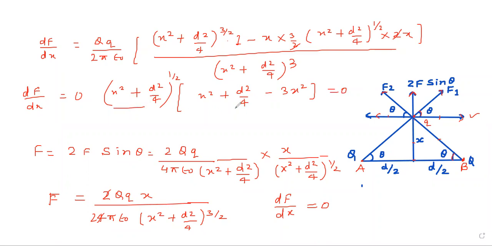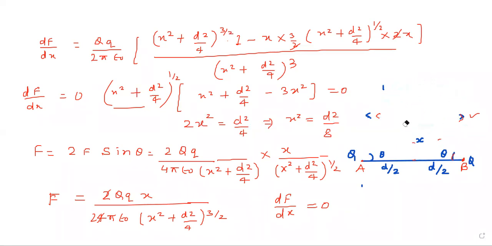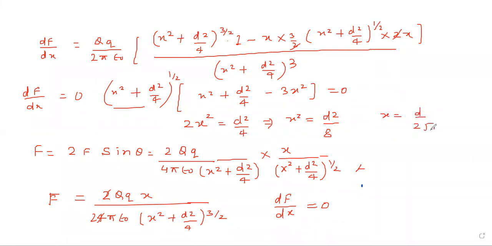This term can't be 0, so this term will be 0. So it will become 2x square must be equal to d square by 4, which gives x square equal to d square by 8, or x equal to d upon 2 root 2. So we write x equal to d upon 2 root 2.